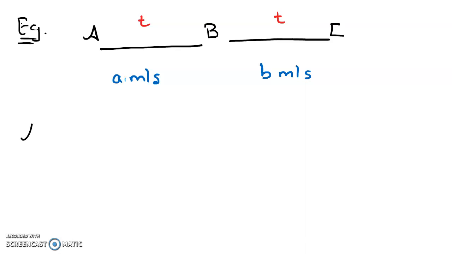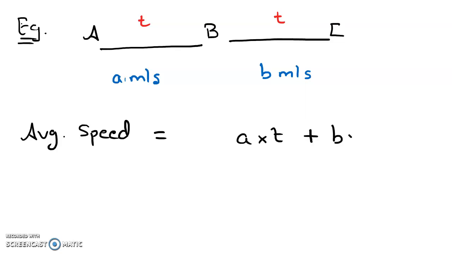If I ask what your average speed is in this case, just stick to the basic formula, total distance by total time. From A to B, speed into time, A into T. From B to C, B into T.